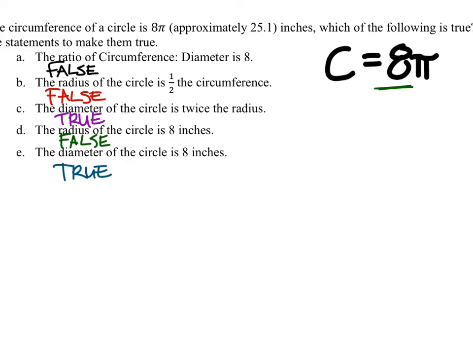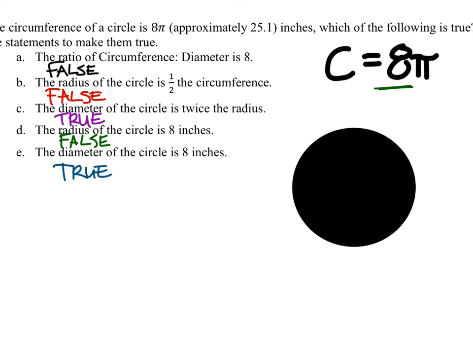So in other words, if we made a circle, with the center in the middle, the diameter would be 8 units, or inches, right there. So that's a picture of what this would look like.